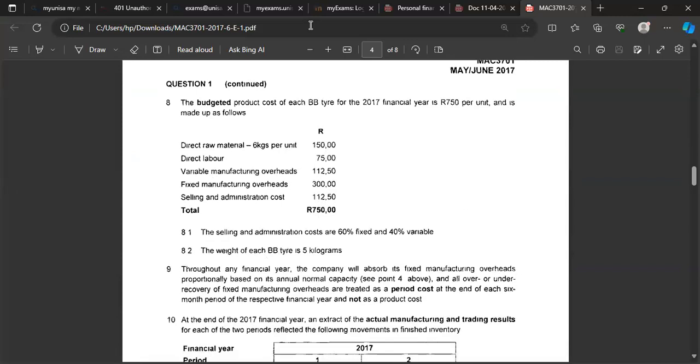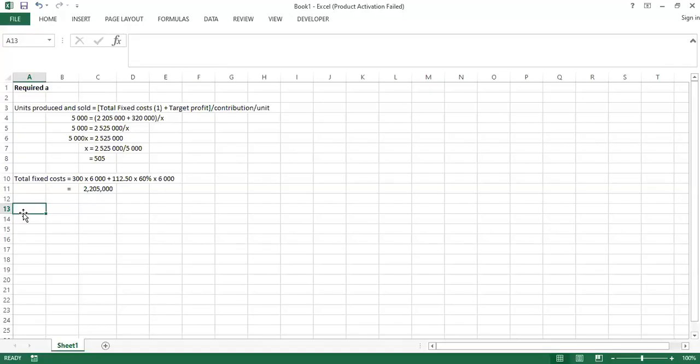So let's put down the formula for contribution. Our contribution, which is what we have calculated here. Contribution per unit is equal to selling price minus total variable cost per unit.